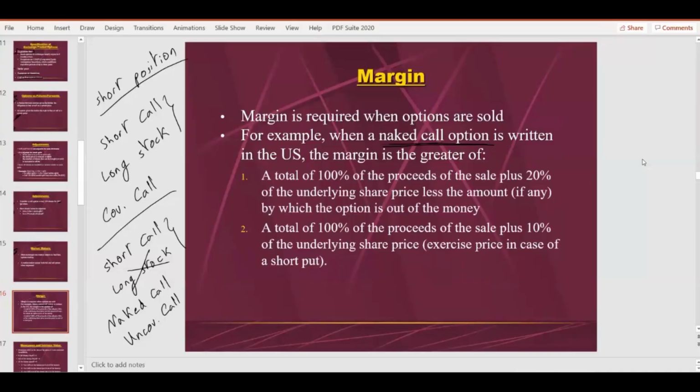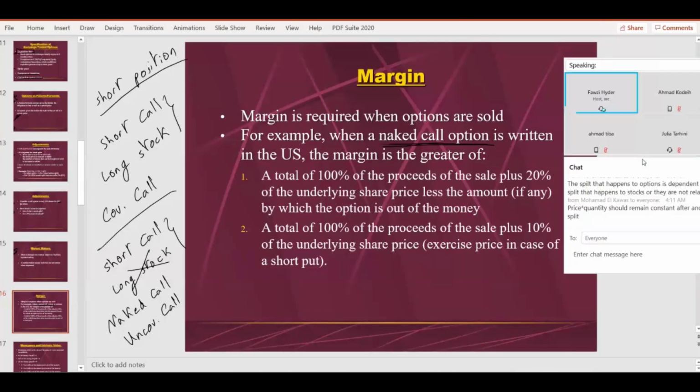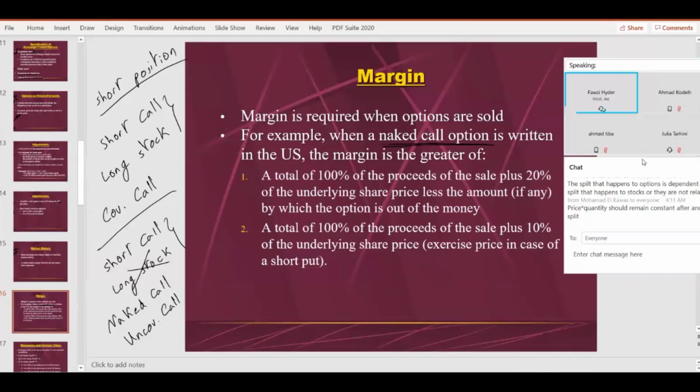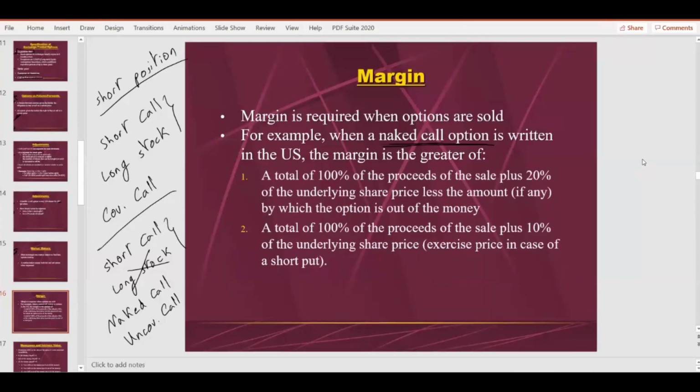Now, of course, those cases are going to be more clear with examples and with problems and assignments. Or a total of 100% of the proceeds of the sale plus 10% of the underlying share price, exercise price in case of a short put.